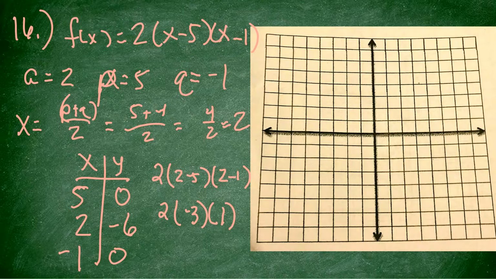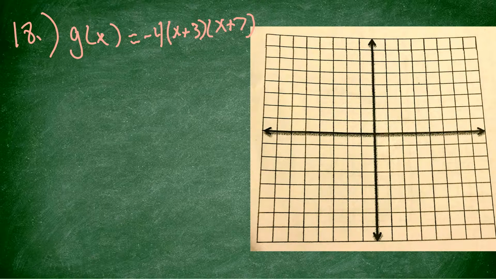So I go 5, 0, -1, 0, 2, -6, and that's it for 16.